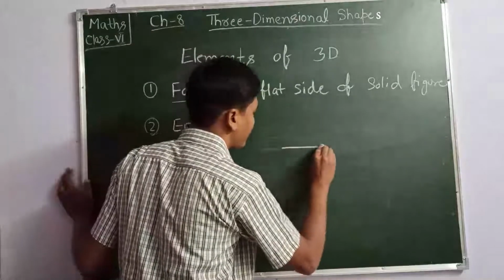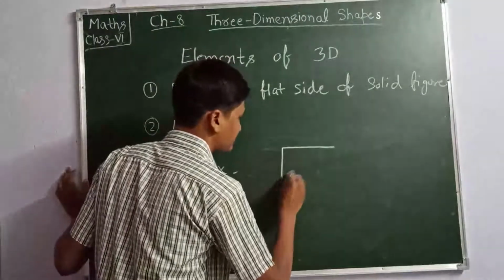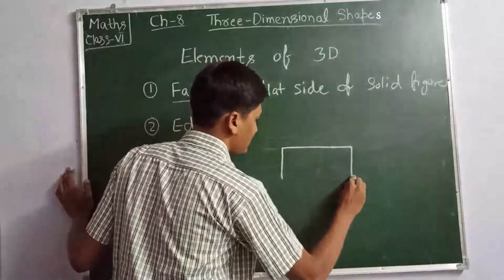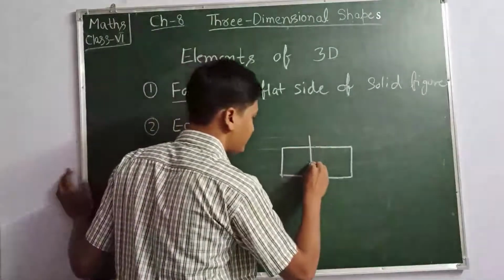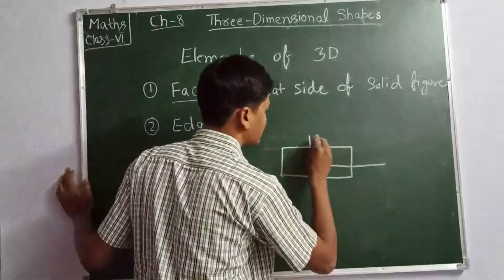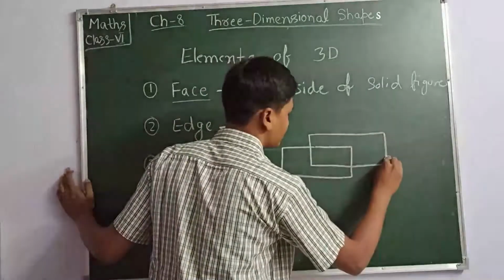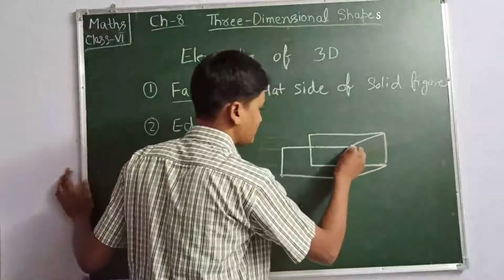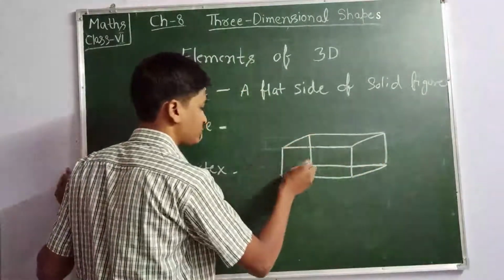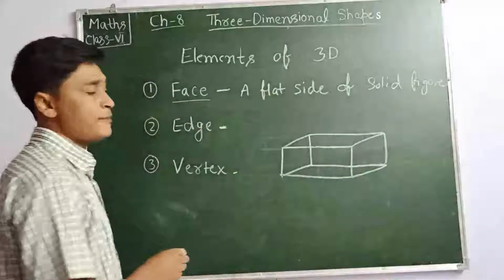Let me draw a cuboid first. Let's draw one rectangle, and one more rectangle. This is an example of a cuboid.